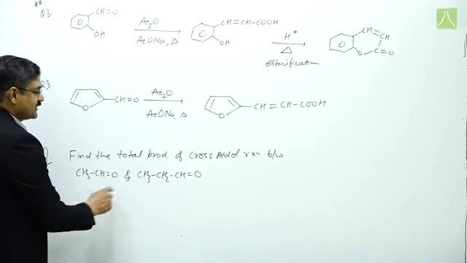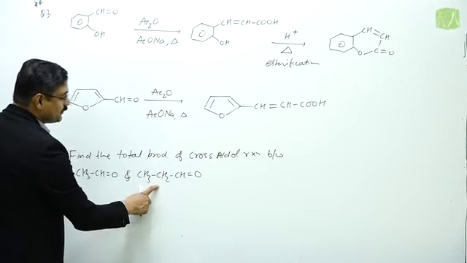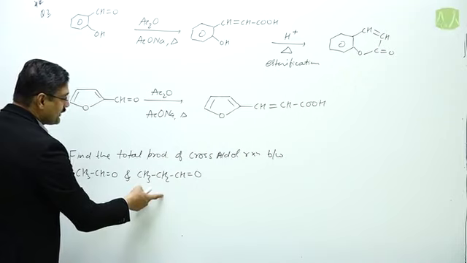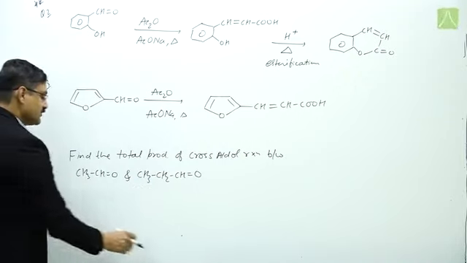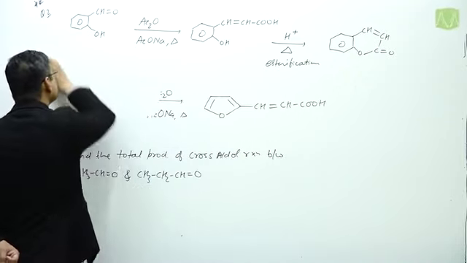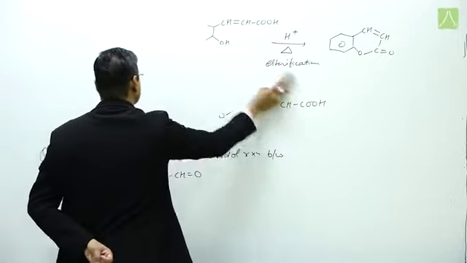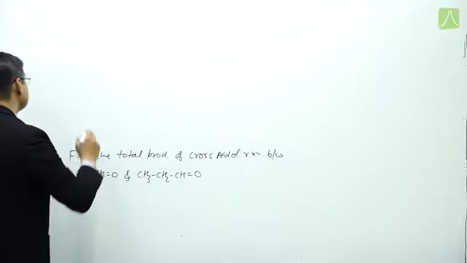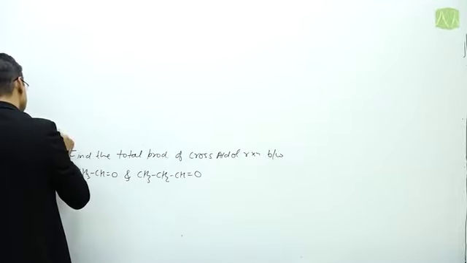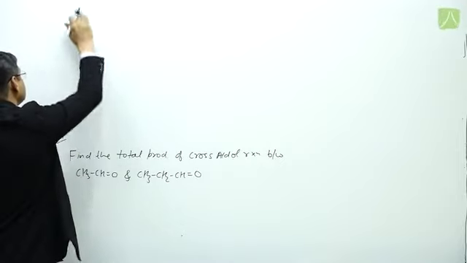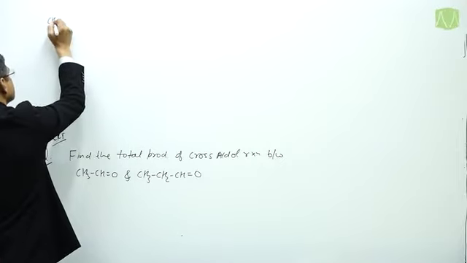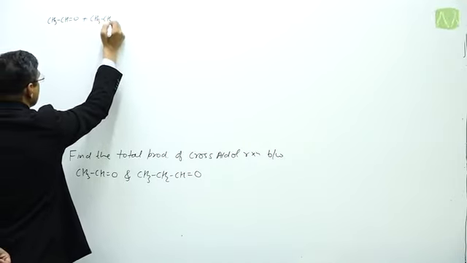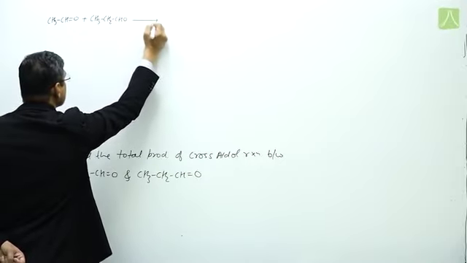One is self with the acetaldehyde, another self with propanaldehyde. Two are cross, from acetaldehyde to propanaldehyde or propanaldehyde to acetaldehyde. So I write the total 4 products. This is the NCERT question: CH3CHO plus CH3CH2CHO in basic medium.